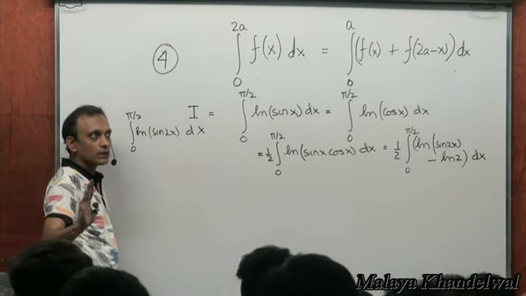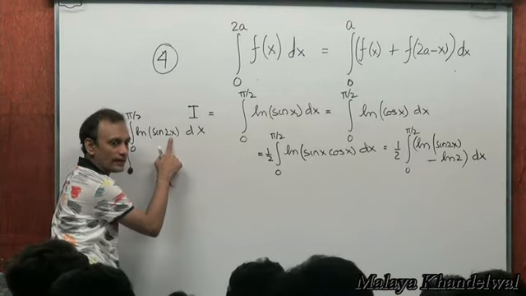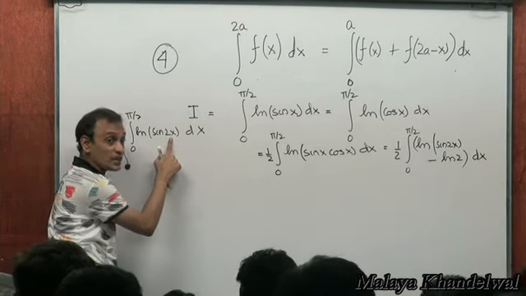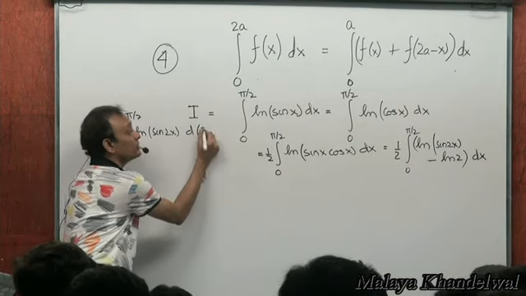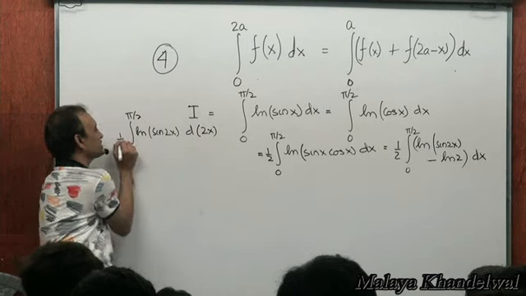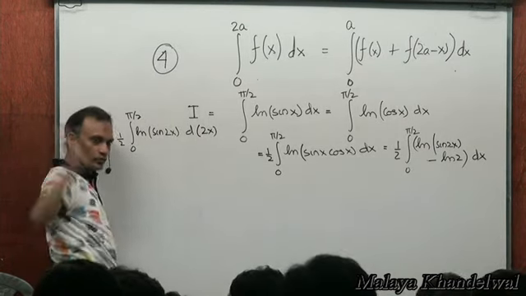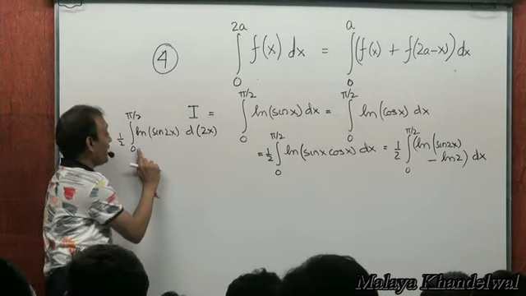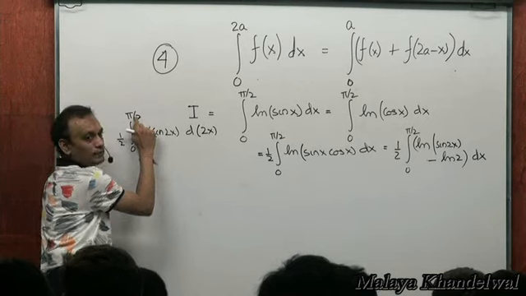Now, if I change the subject of integration to 2x, that means this becomes d of 2x, but I balance it this way. Yes or no? Now, if x runs from 0 to pi by 2, 2x will run from 0 to pi.